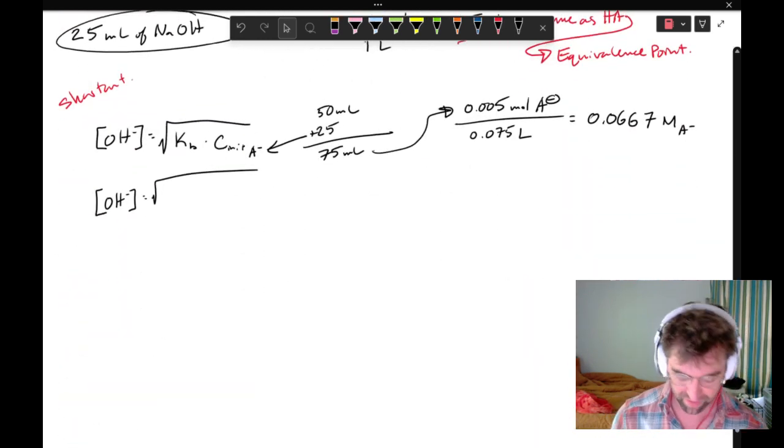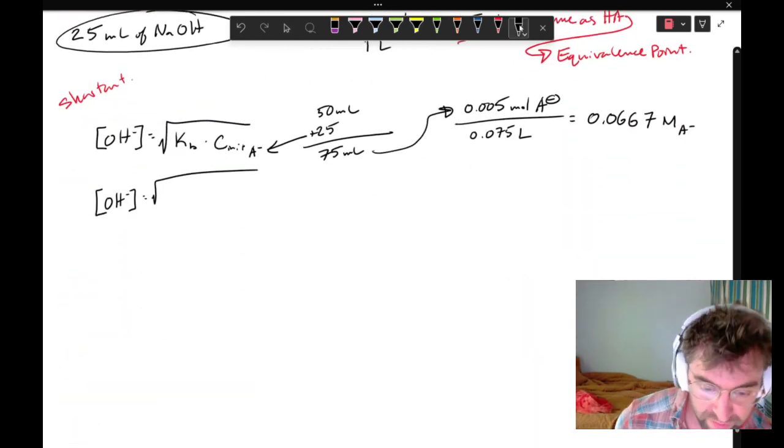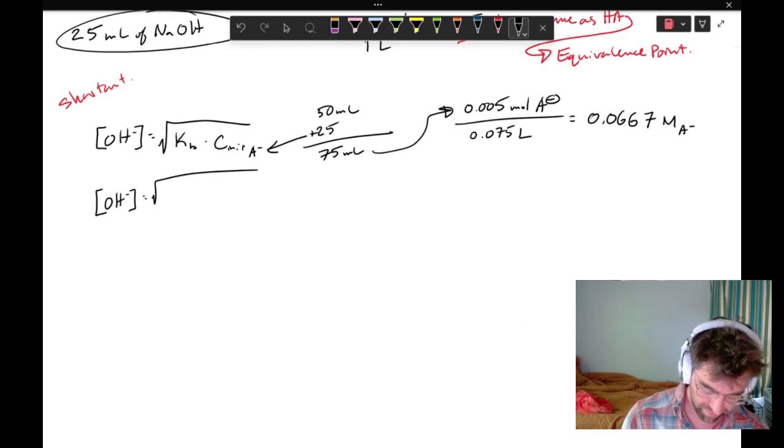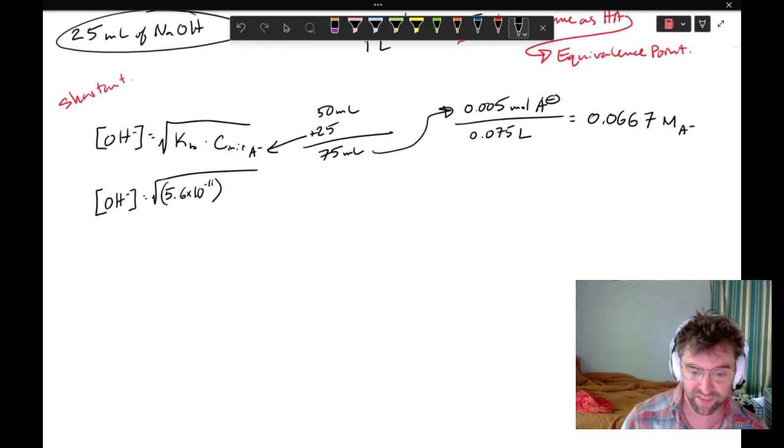Our Kb value, which we bothered to calculate on the front end, because it's going to save us a little bit of work here. So that Kb value for formate, which is our conjugate base, was 5.6 times 10 to the 11.